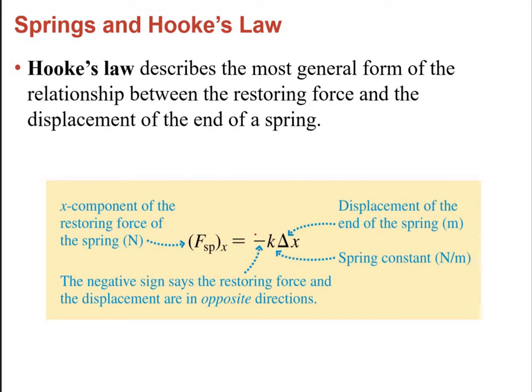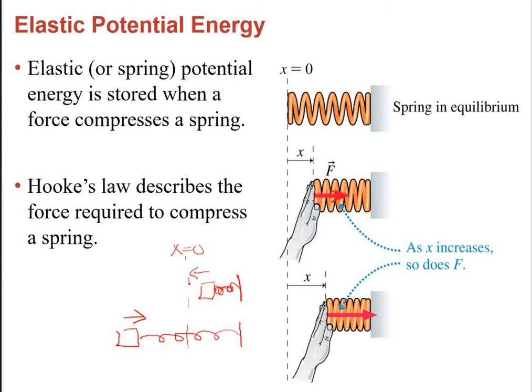That's why we have this negative sign. The negative sign is to make sure that the force is always towards the equilibrium position. If this is your x equals 0, and this is your negative side, and this is your positive side, then you need a negative sign to make the force positive, and a negative sign to make the force negative.